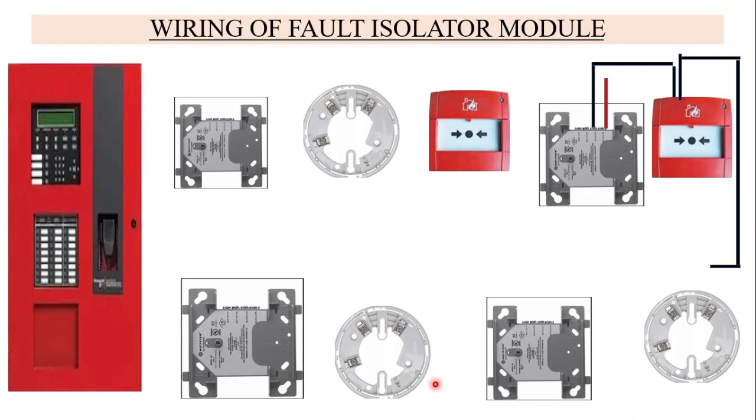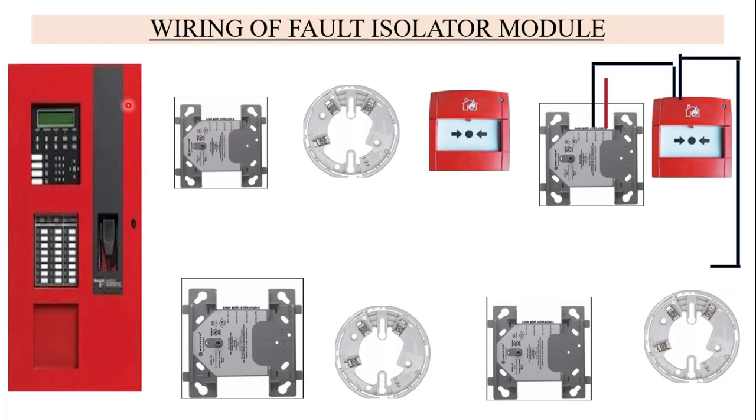So how to do wiring? Here we have an addressable fire alarm system, and here we have completed one. I've taken one loop over here just for example. Initially, if you are doing any wiring for any zone or loop, we first have to keep isolator modules.